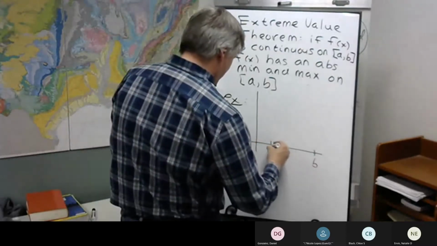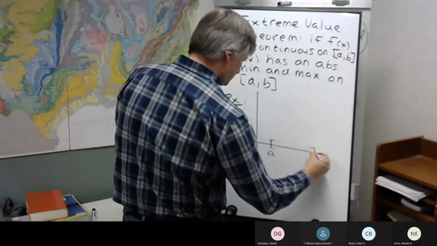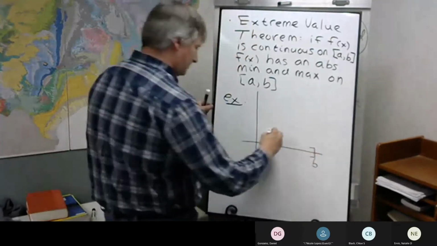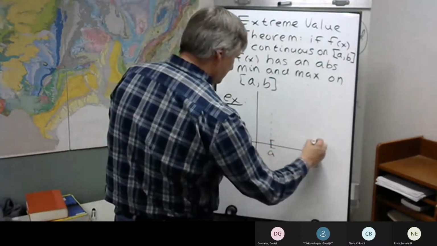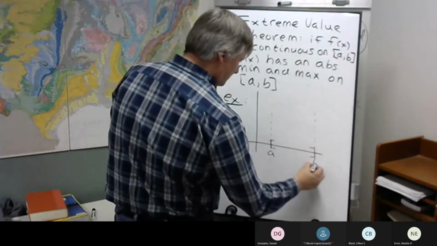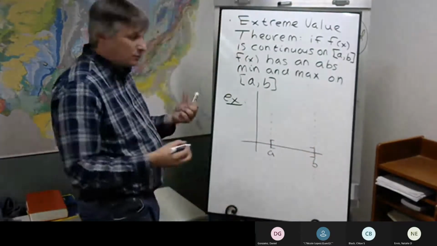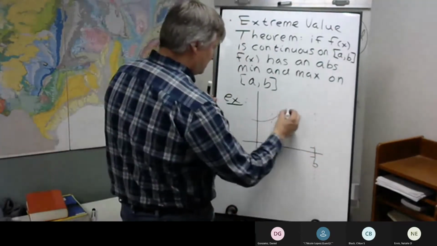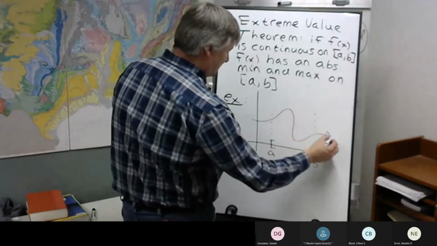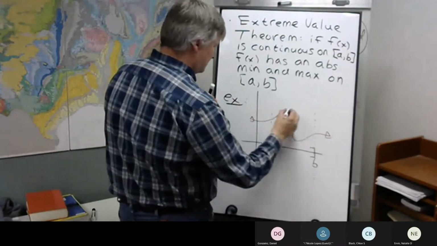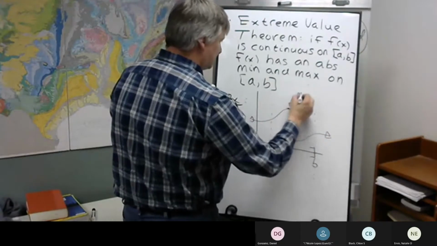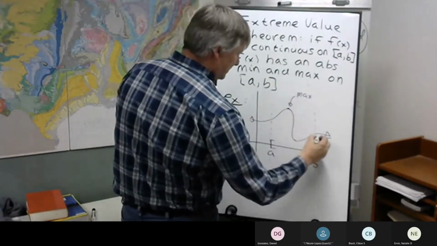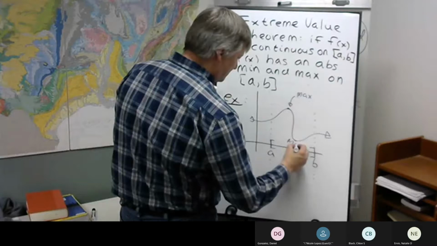To give an example of what this could look like, sort of an imaginative example, we could have a function do something like this. We have our max, and we have our min.